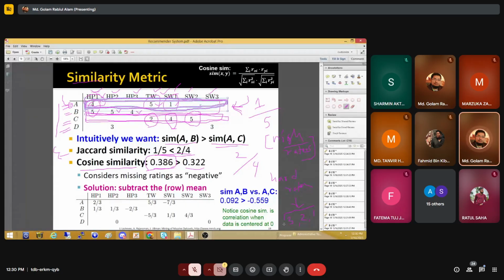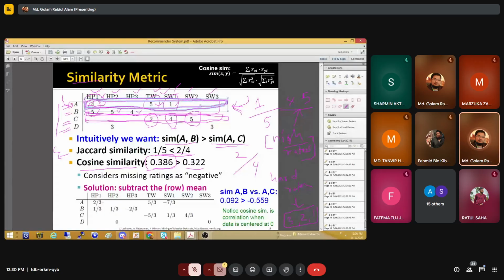Within this range they rate like 2, 3, 1. But for the high raters, usually they start the rating from maybe 4, like 4 and 5 will be their ratings. So we can see there is a kind of biasness based on people's behavior in rating. So we want to omit this kind of biasness. Then what should we do?